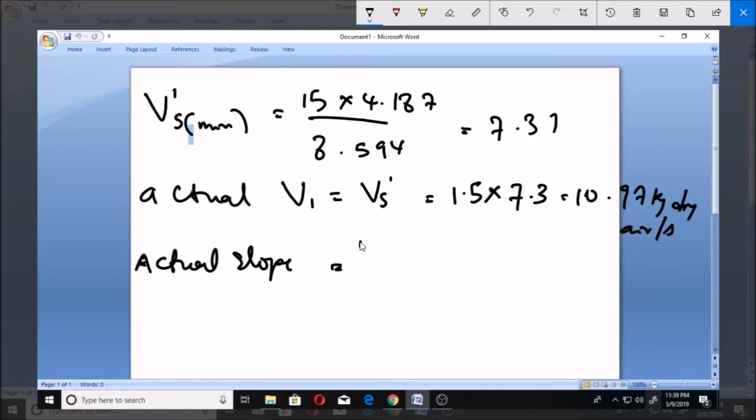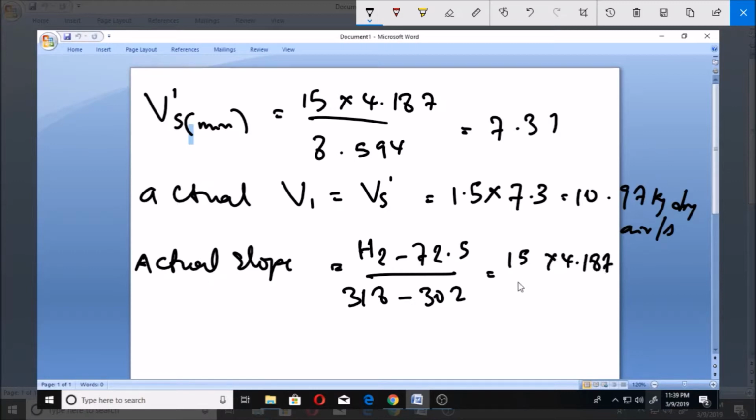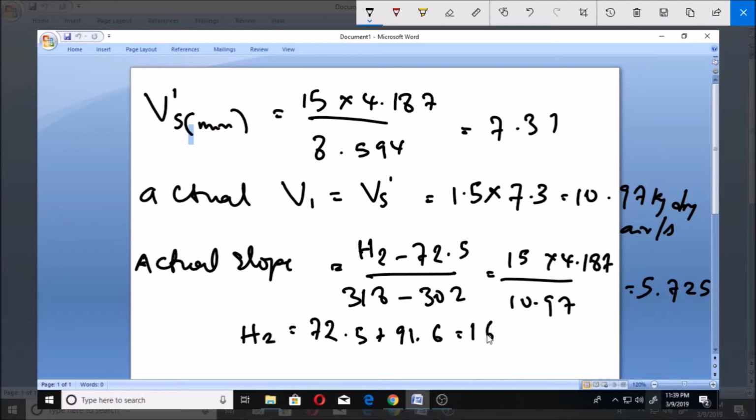The actual slope is equal to H2 minus 72.5 all over 318 minus 302, which will give us 15 times 4.187 all over 10.97, which will give us 5.725. So H2, making it the subject, will give us 72.5 plus 91.6, which will give us 164.1.